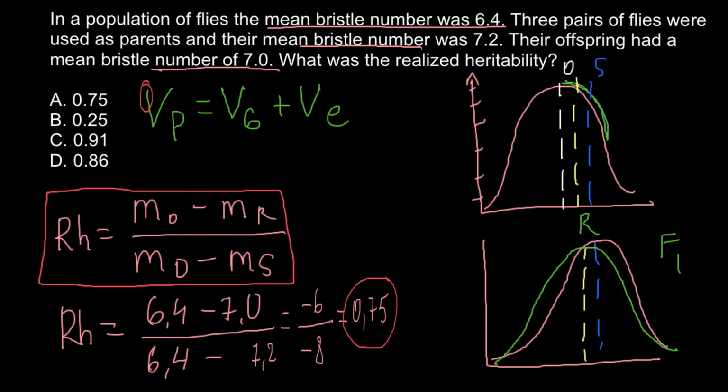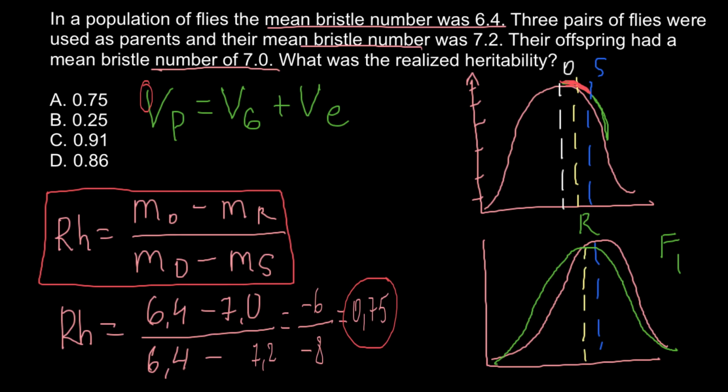And if you are still confused about what realized heritability is, that we found to be 0.75, or we also can say that this is 75%, here's one more explanation. So imagine that this fragment here, I used red color, would be between the mean of the original population and the mean of the selected parents.